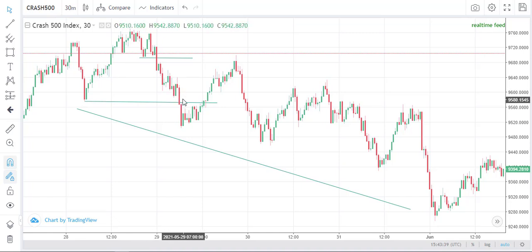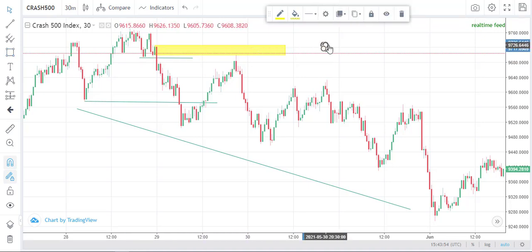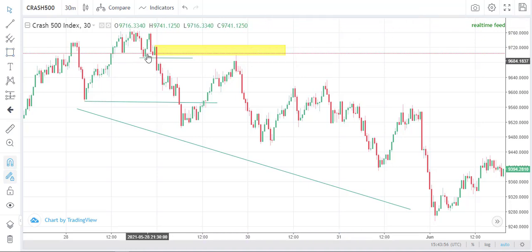The strongest order block in this area, responsible for these two breaks or three, this is also a break of structure, is this one right here on top. Why? Because it's responsible for the change of trend, which is the break of this one. We're not considering this because this is not a fresh order block.